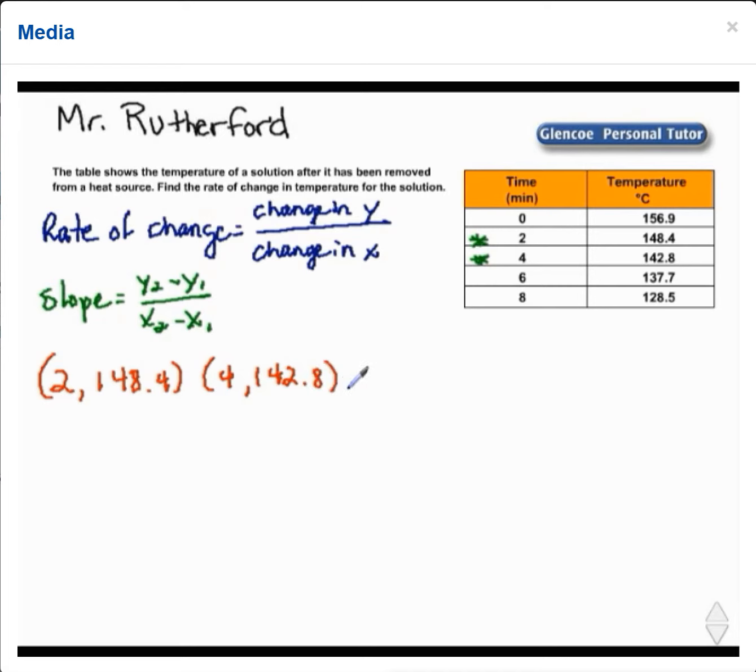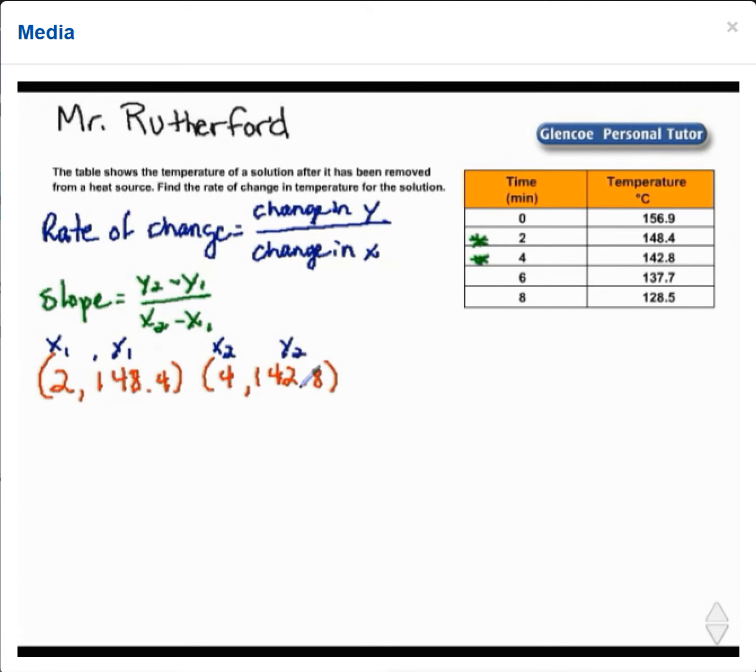So now let's label these with our x1, y1, and x2 and y2. So our 2 will be our x1, and 148.4 will be our y1. The 4 will be x2, and 142.8 will be y2.